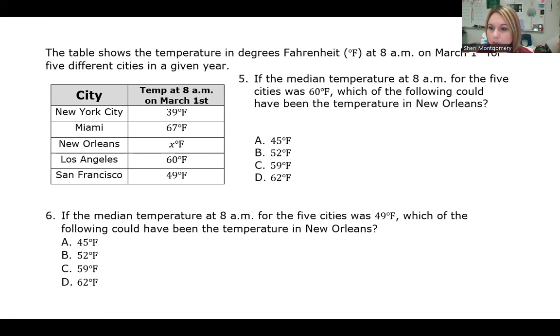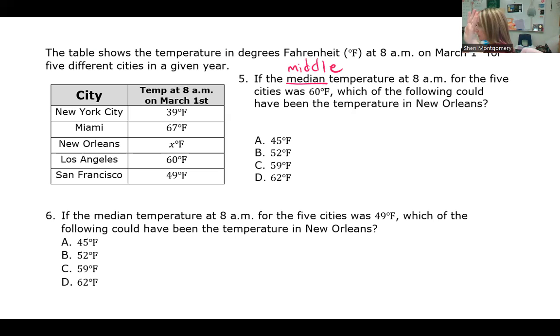If the median temperature at 8 a.m. for the 5 cities was 60 degrees, which of the following could have been the temperature in New Orleans? Well, the key word in here is median. Median is the middle. We only have 5 numbers, right?